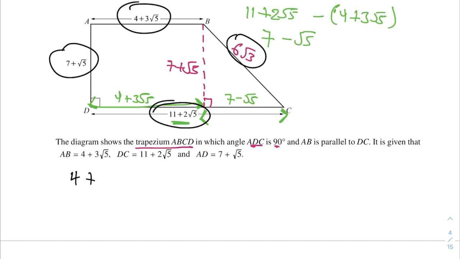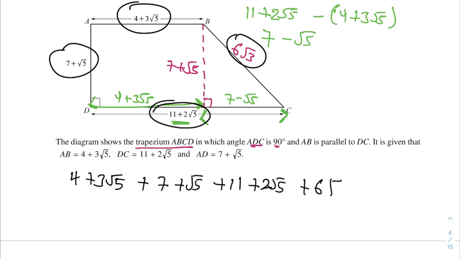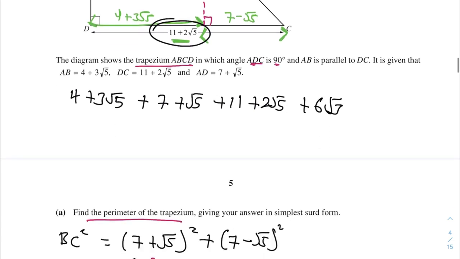So we have 4 plus 3 root 5 plus 7 plus root 5 plus 11 plus 2 root 5, then plus 6 root 3. So now, let's add the numbers. We have 4 plus 7, then we have 11.